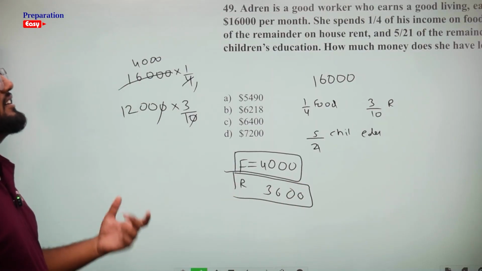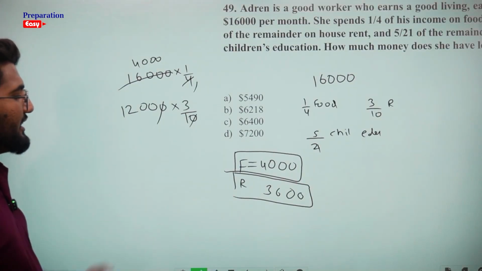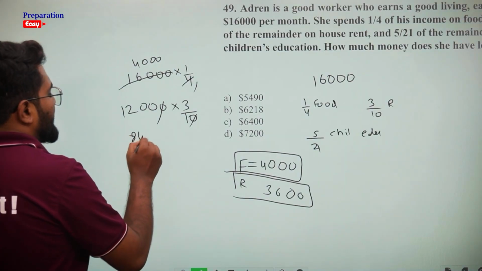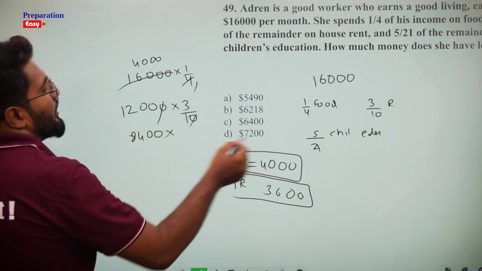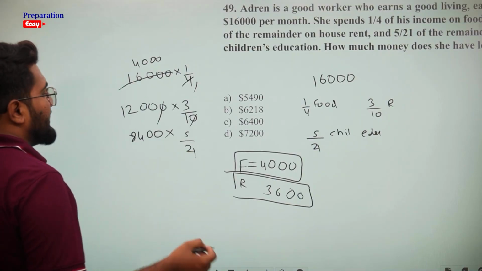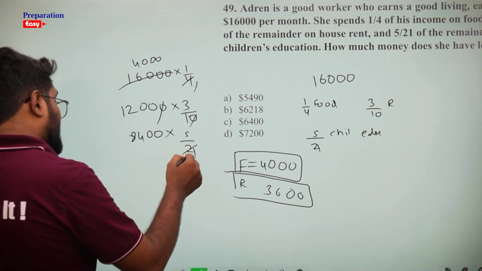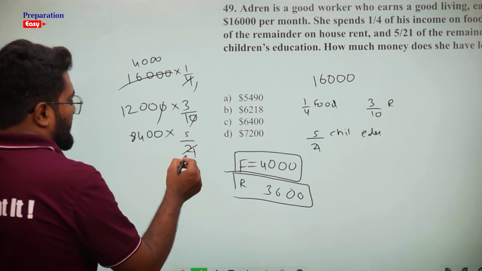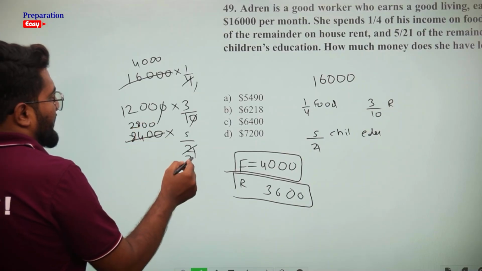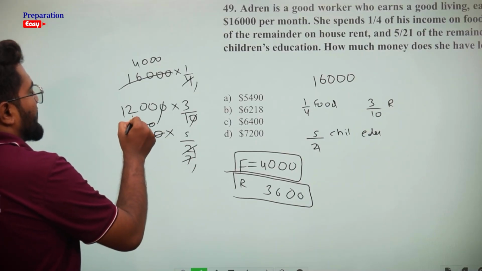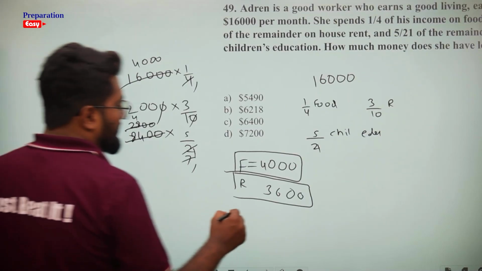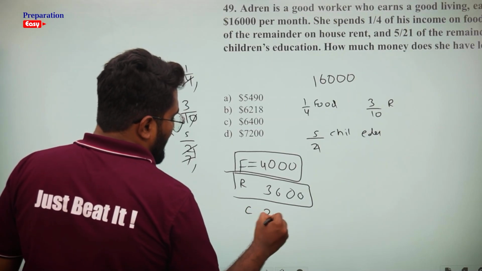Out of again remainder, that is 12,000 minus 3600, it will become 8400 multiplied by 5/21. 5/21 spends on child education. 8400 divided by 21 is 400. So 5 into 400, that is 2,000. For child, 2,000.